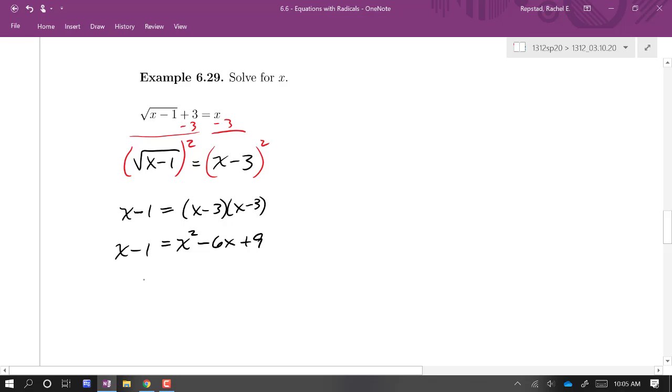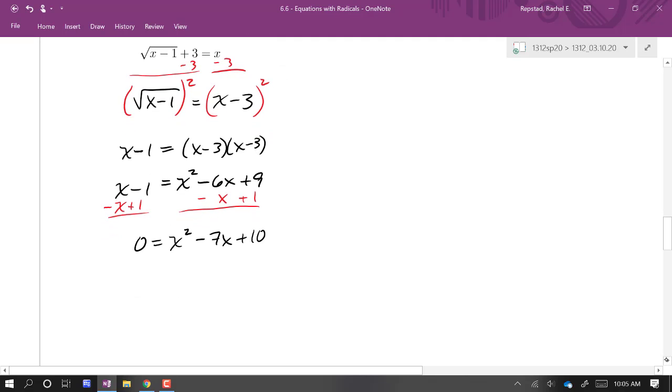We have a quadratic. I'll set it equal to 0, so I'll subtract x and add 1. I think this factors.